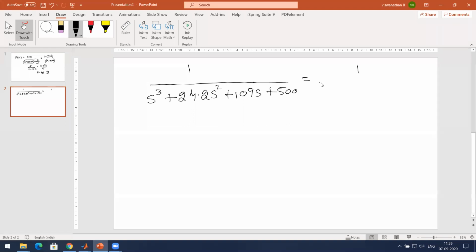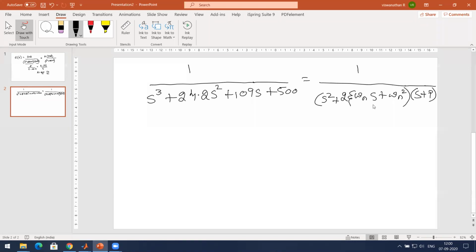Another method would be to write the second order system, s squared plus 2 zeta omega n s plus omega n square, multiplied by s plus something, a pole.